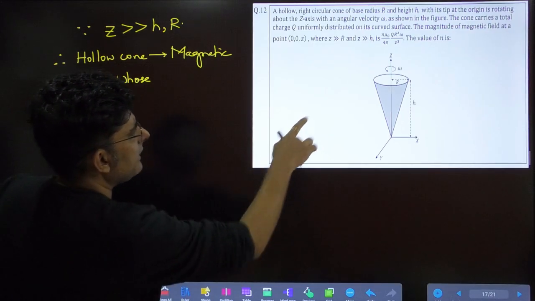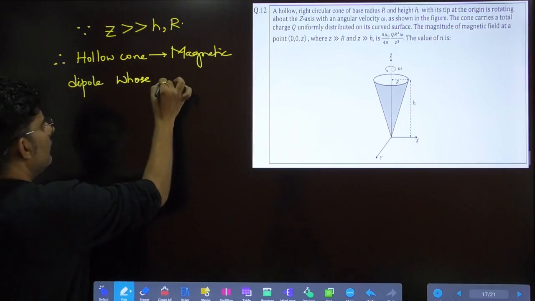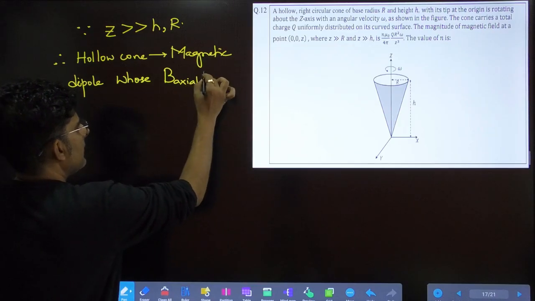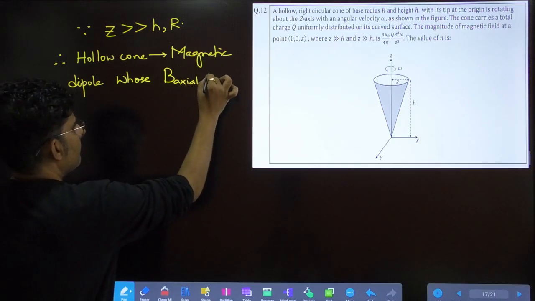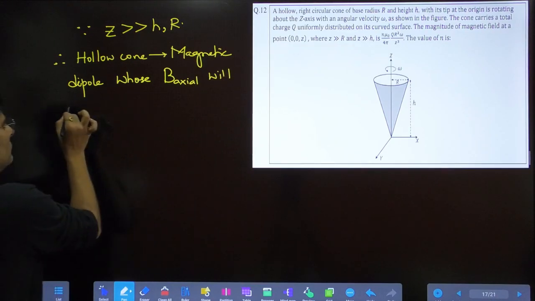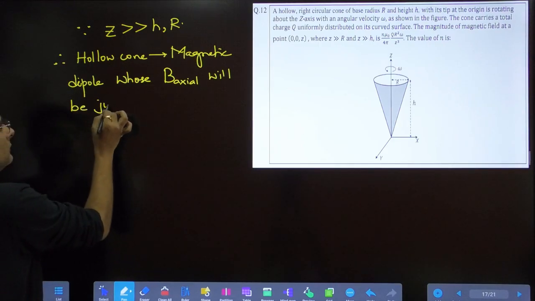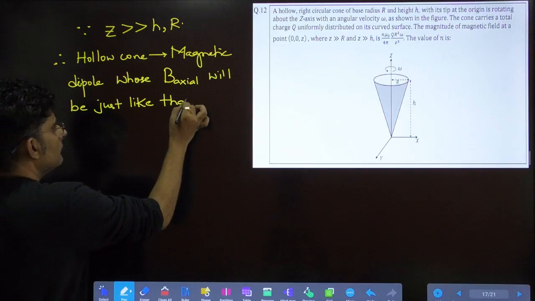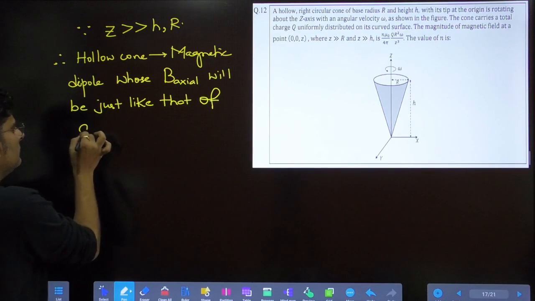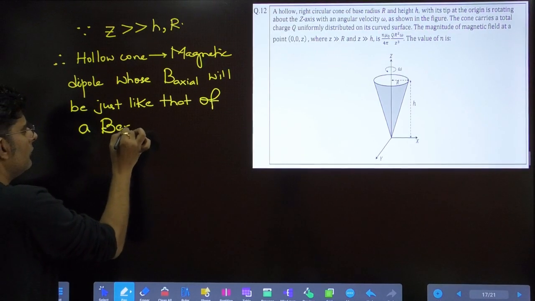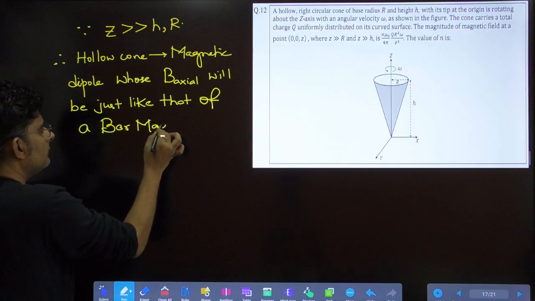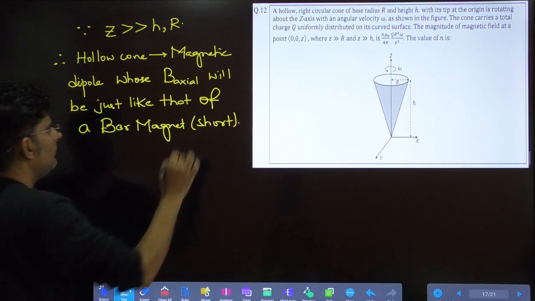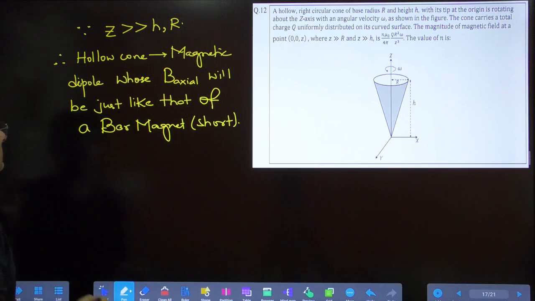So they are asking its magnetic field, whose B at an axial point, which is at z distance, will be just like that of a short bar magnet at its axial position. That's it.